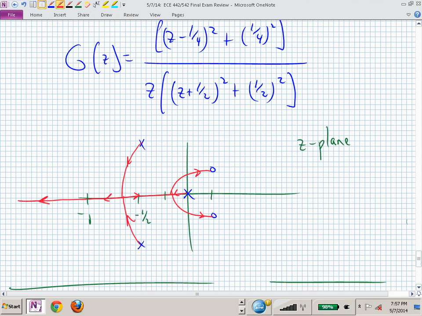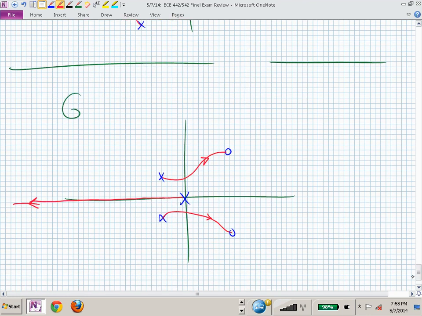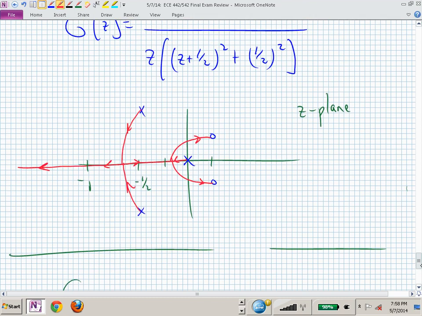These patterns all depend on the relative spacing of these poles and zeros. Do you see that these poles and zeros are sort of like these poles and zeros, but they're a little different? And you're guided by the departure angle, the arrival angles are about the same in both.